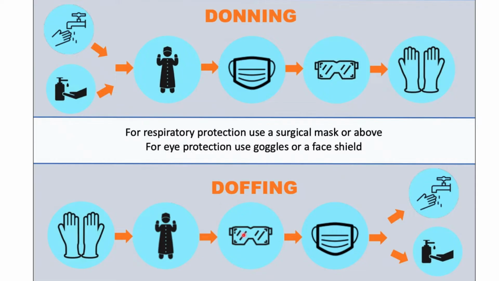So removing your eye protection and removing the mask. So you remove the mask or the N95 respirator and then perform hand hygiene again. As much as possible, you have to perform hand hygiene at all times.